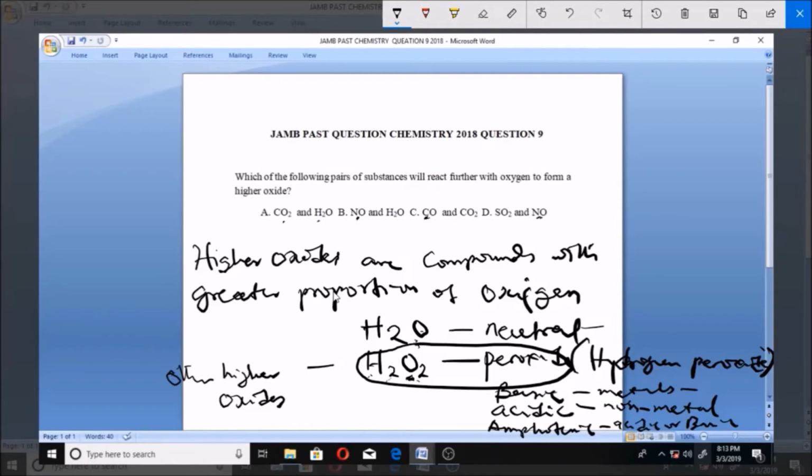And this one has plenty oxygen. So you can say that this is also a good oxide. So these two can actually oxidize something that has normal oxygen into a higher oxide. So I think option A is a suitable answer for this. D would have been because of SO2, but considering NO, that is why I picked option A. Thank you.